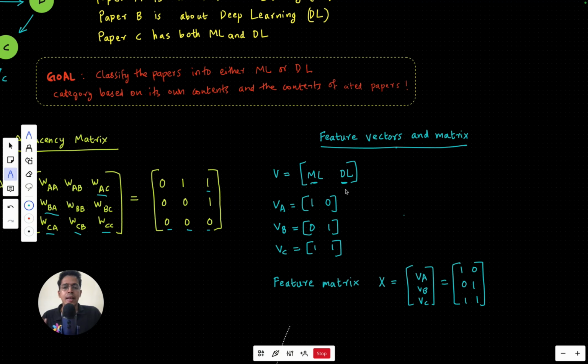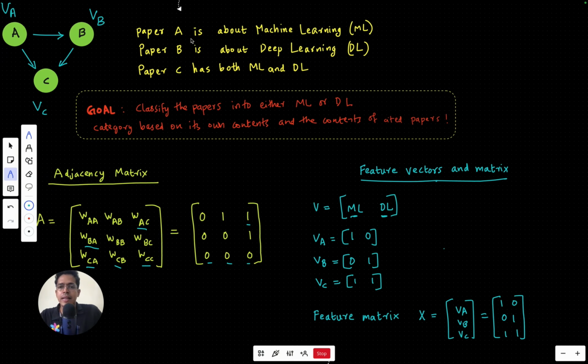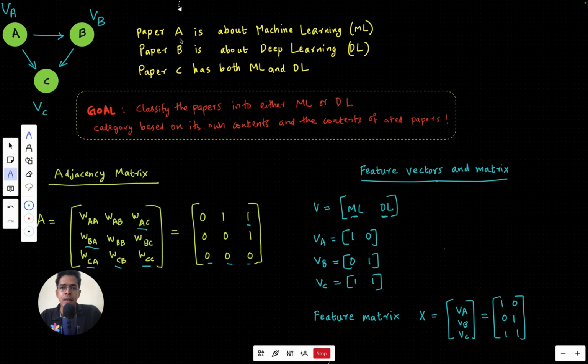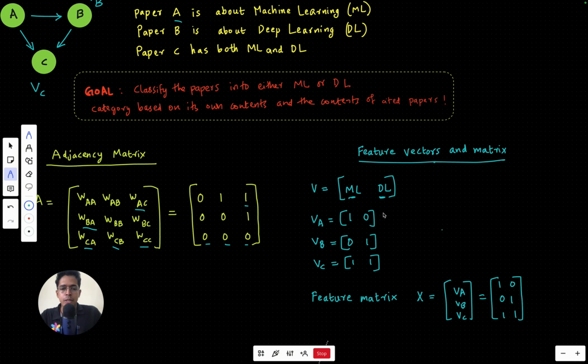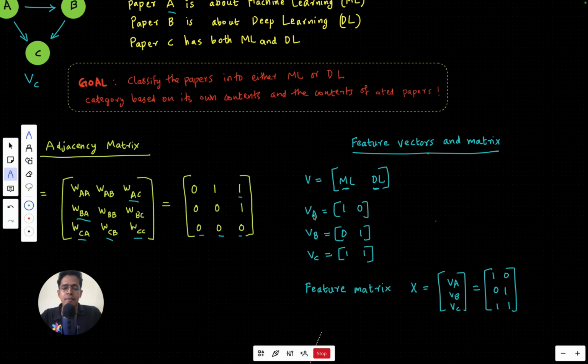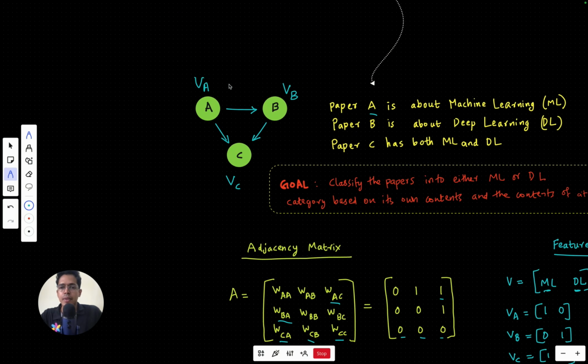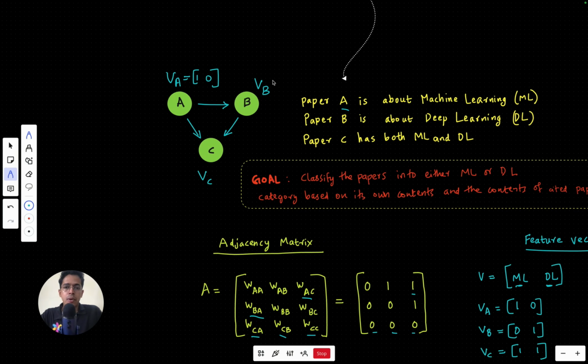So ML or DL. Here we mentioned that paper A is primarily about ML, not about DL, which means the feature vector for A, which is node A, will be 1, 0. It's primarily about ML, not about DL. So VA over here will be 1, 0. Paper B is more about deep learning rather than machine learning, so this will be 0, 1.